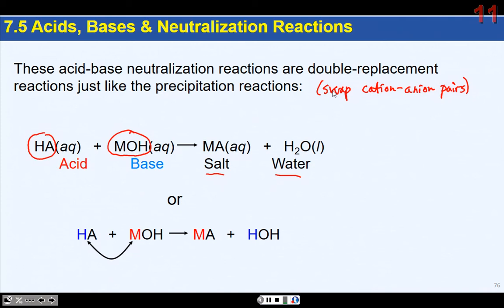The metal with the A from the acid becomes a salt, and the water comes from the hydrogen and the hydroxide. So this is not very tricky to figure out, but sometimes the balancing of the equations is more interesting if you have a multiple hydroxide base or a polyprotic acid.